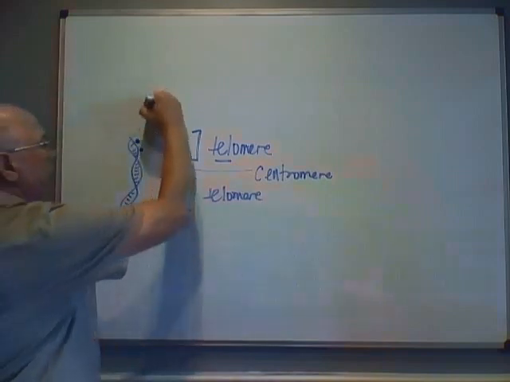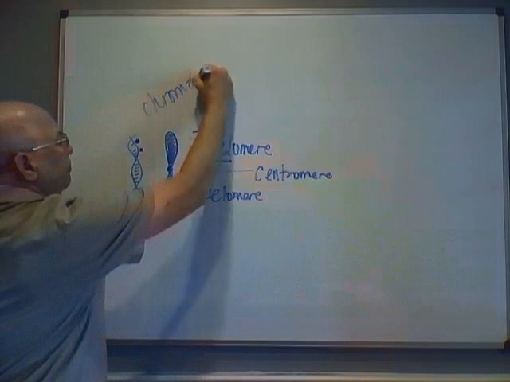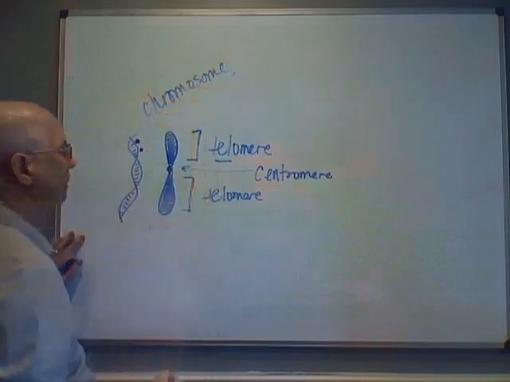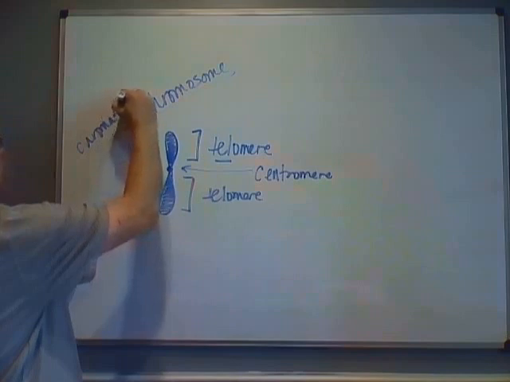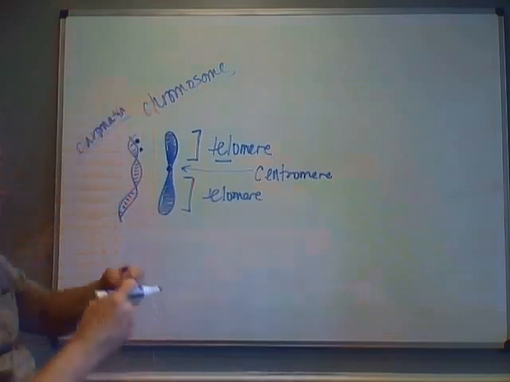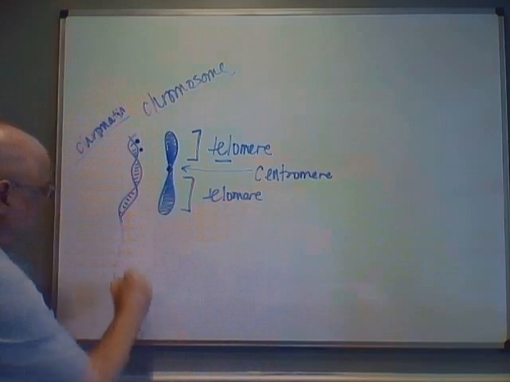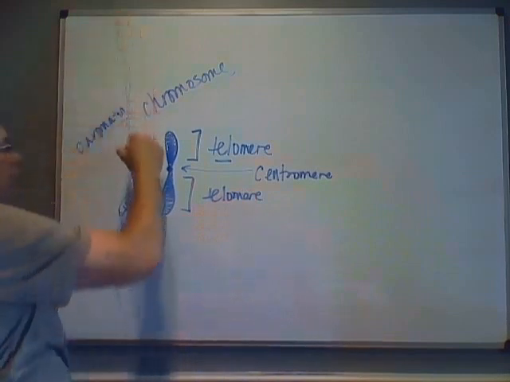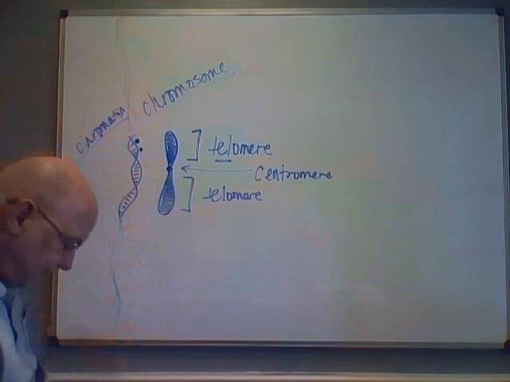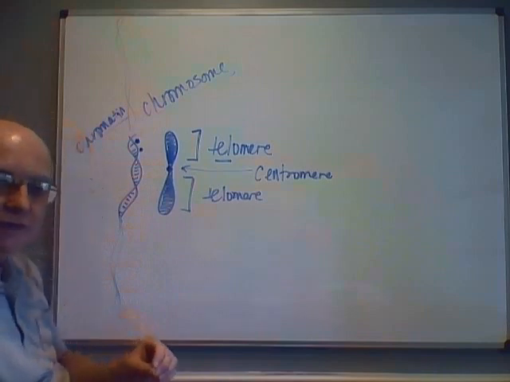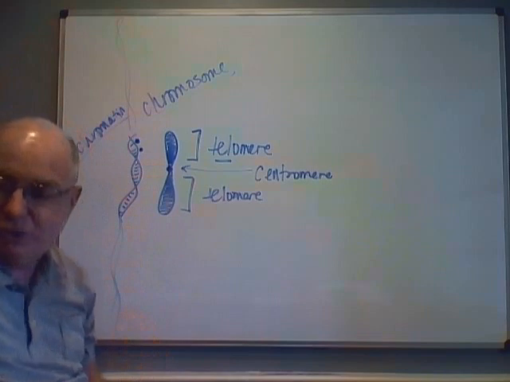The whole structure is called a chromosome. When the DNA is all uncoiled and really long, it's called chromatin. But when we coil it up into a dense body, we call that a chromosome. Now, this chromosome itself consists of what we call one single chromatid.